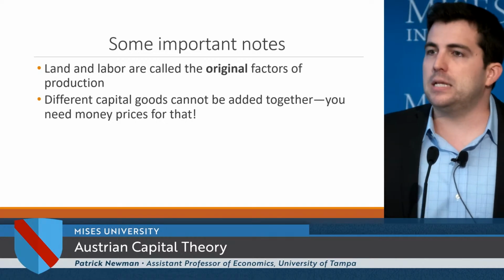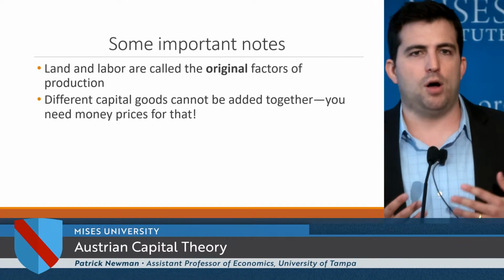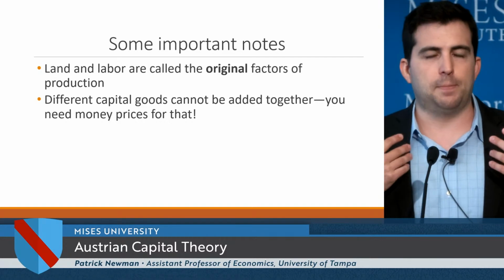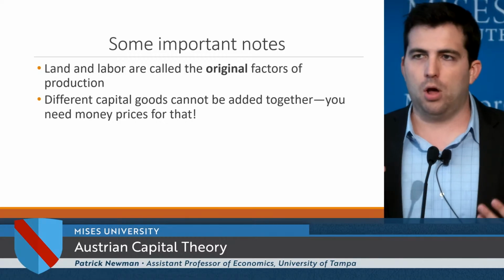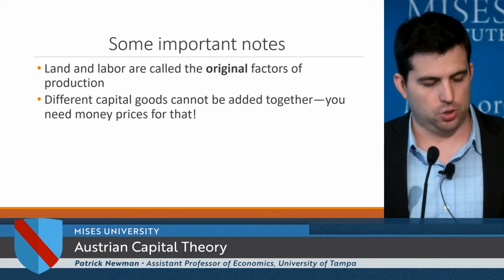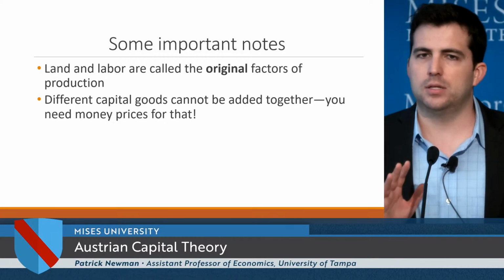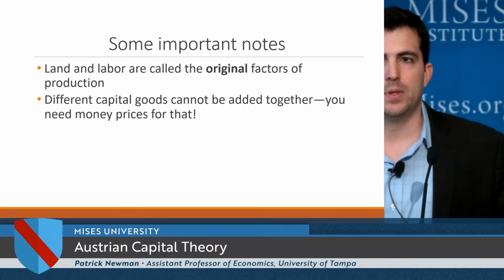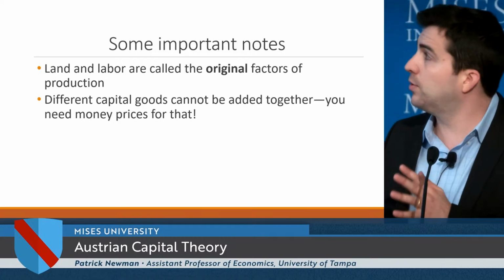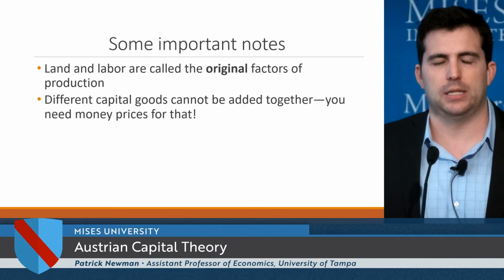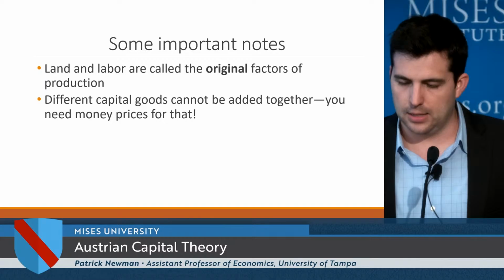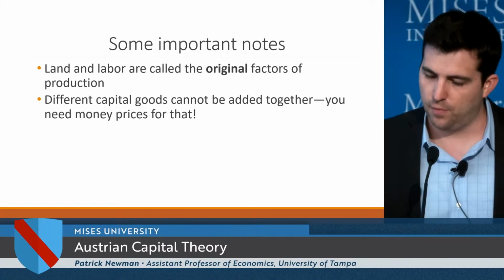The Mises Institute can compute the value of all of the capital goods it has, the computers, the PowerPoint projectors, all of its stuff, only by adding the prices of those goods together. So it's important that we understand that. That really relates to monetary calculation, and that's extremely crucial, as we've learned from the talk before me.